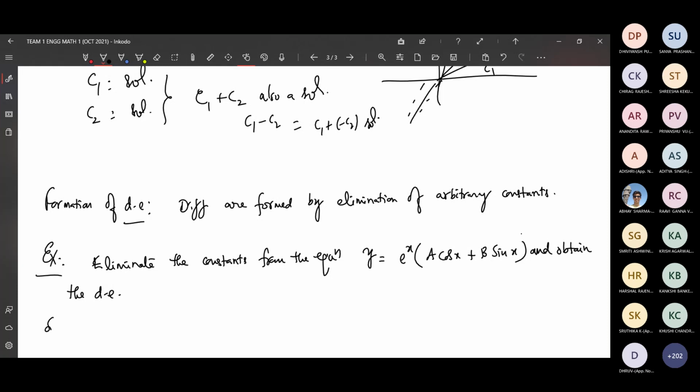Here there are two arbitrary constants, a and b. Now if I call this equation 1, it is very simple to understand this.